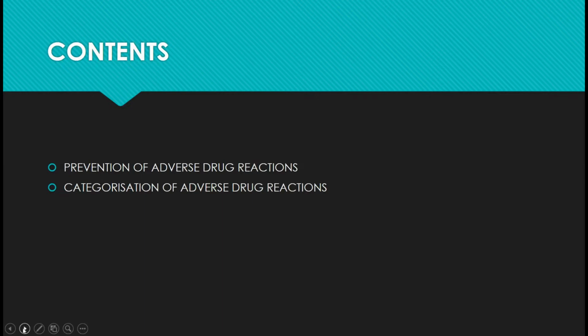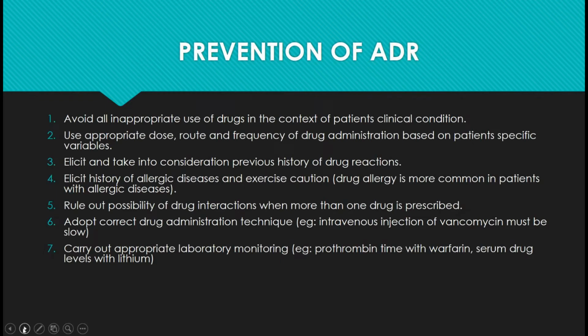So today I am going to discuss 5 points of categorization, and in the next class, that is tomorrow, I am going to discuss the next 5 of the categorization of adverse drug reactions. So first, we are going to start with the prevention of adverse drug reaction.